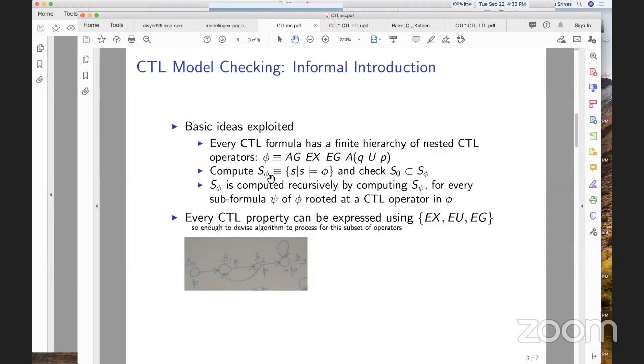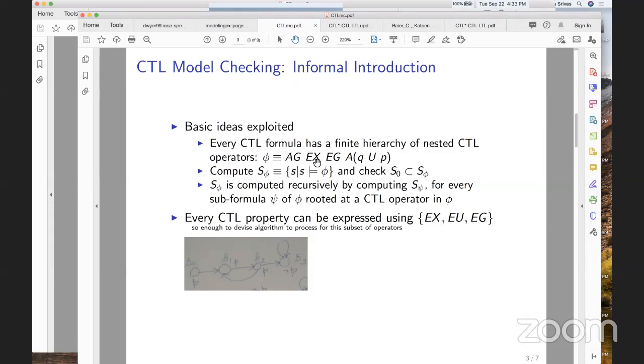This model checking algorithm basically computes the set of states for each sub-formula, including the formula itself as a whole. It computes the set of all states that satisfy the sub-formula rooted at a particular CTL operator.